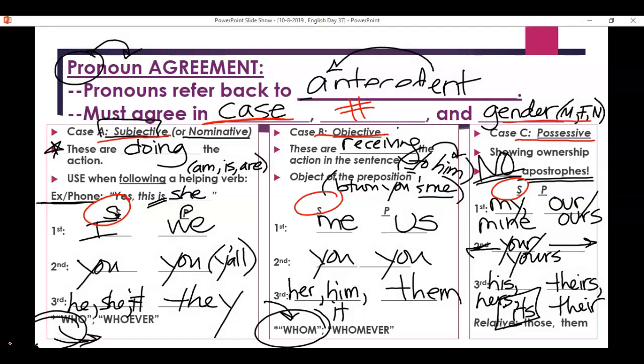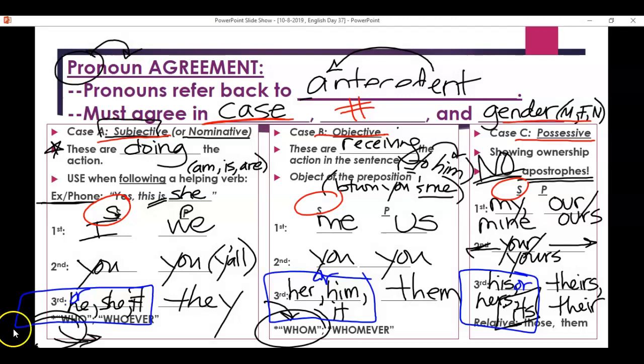So the thing about gender is the only ones that have gender are third person, when you're talking about other people. If it's a whole group of people, you can say they. If you're not sure, you'd say he or she, him or her, his or hers if you're not sure and it's singular. But otherwise, it's pretty self-explanatory. So we're going to practice a little of this and see how it goes.